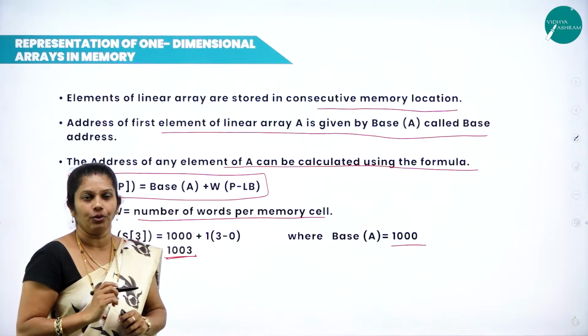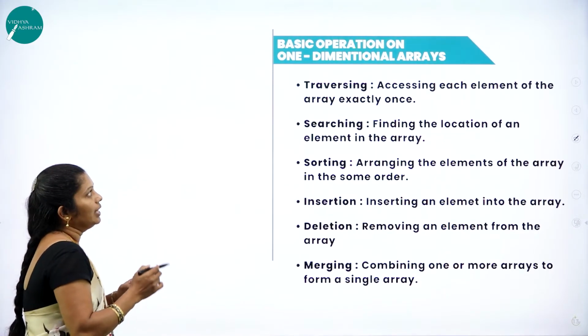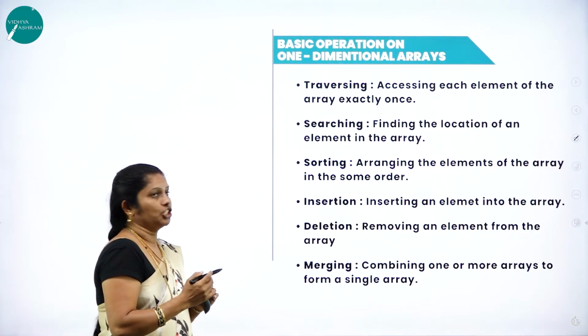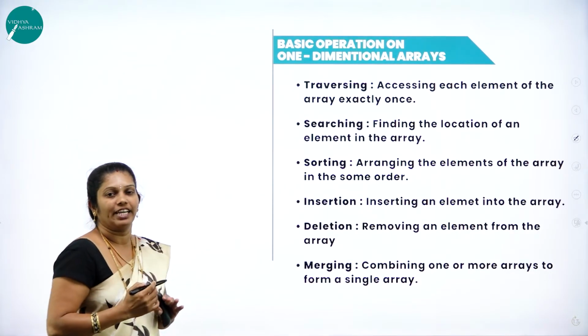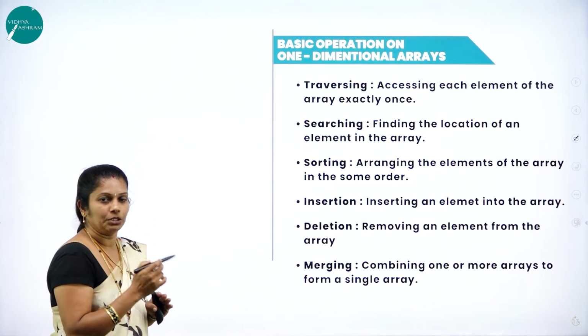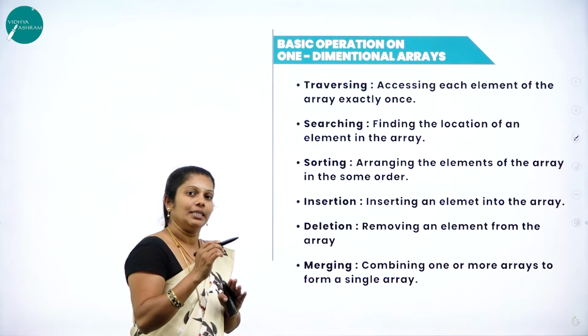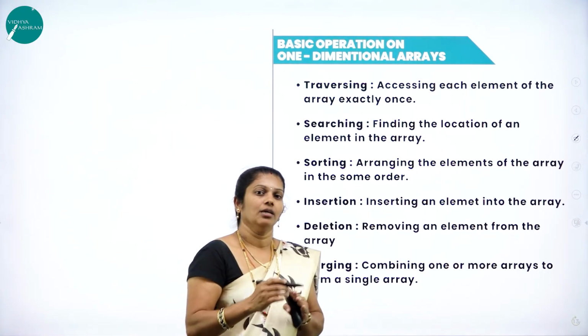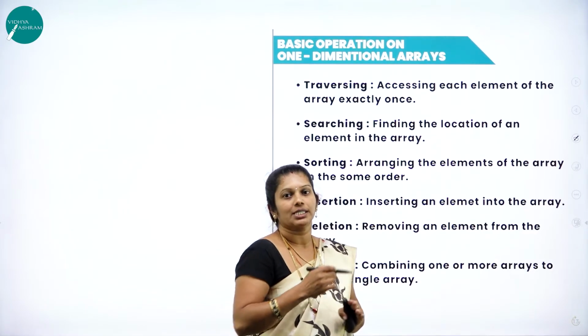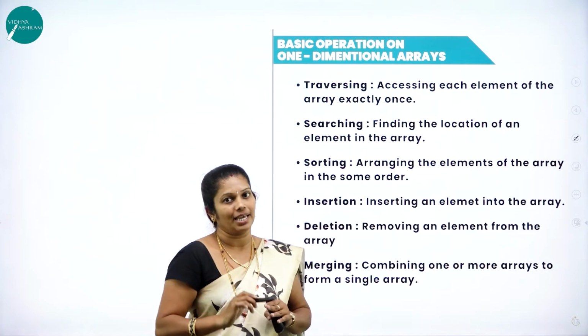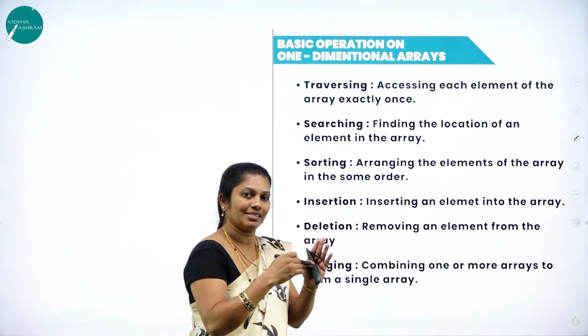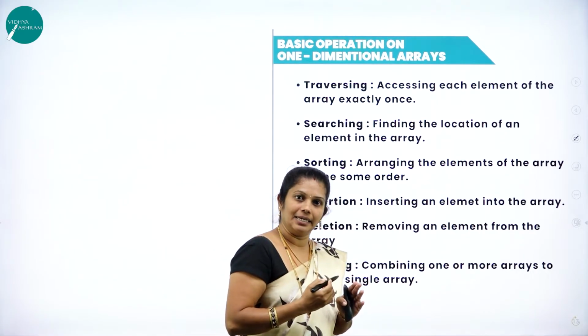Now is it clear for all of you? Next, we will discuss some basic operations that we can perform on a one-dimensional array. In a linear data structure there are also the same operations, and for the one-dimensional array you will get the same question, but the name is what we write in linear data structure.